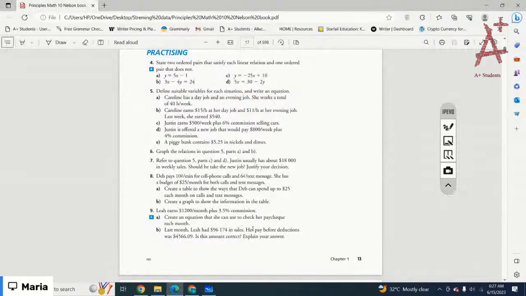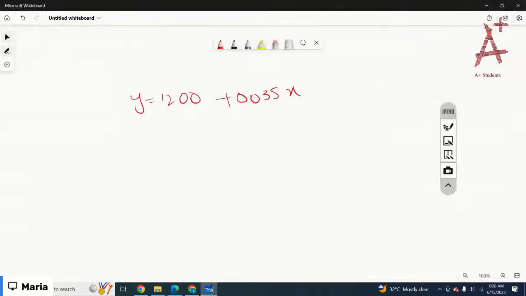Her pay before deductions is 4,566.09. Is this amount correct? Okay, let's see. It would be y equals 1,200 plus 0.035x, and that is the x value given, 96,174.